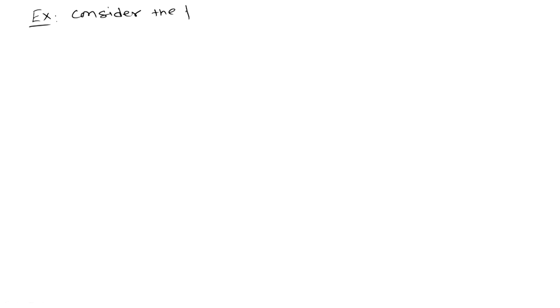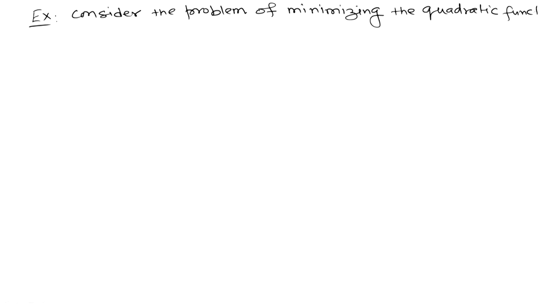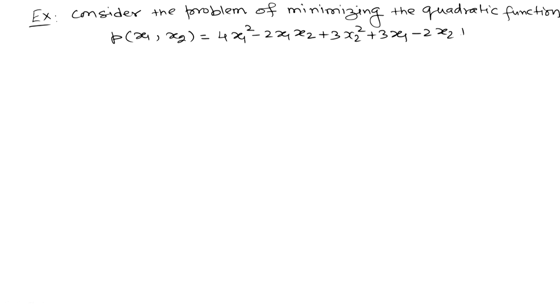Consider the problem of minimizing the quadratic expression or quadratic function p(x1, x2) equals 4 x1 square minus 2 x1 x2 plus 3 x2 square plus 3 x1 minus 2 x2 plus 1 over R2, meaning all real values of x1 and x2.